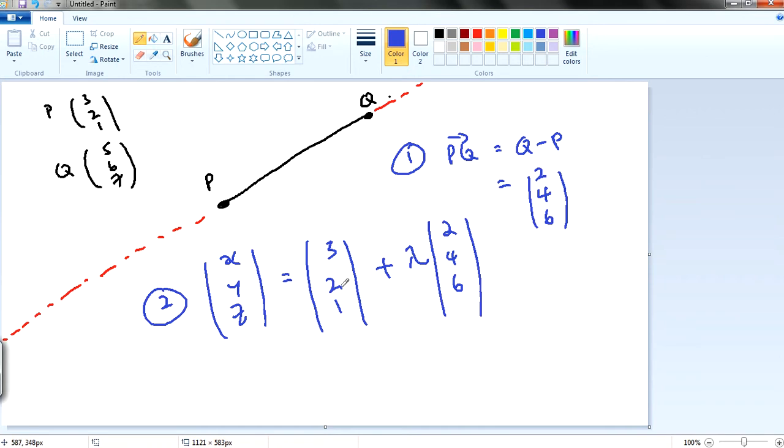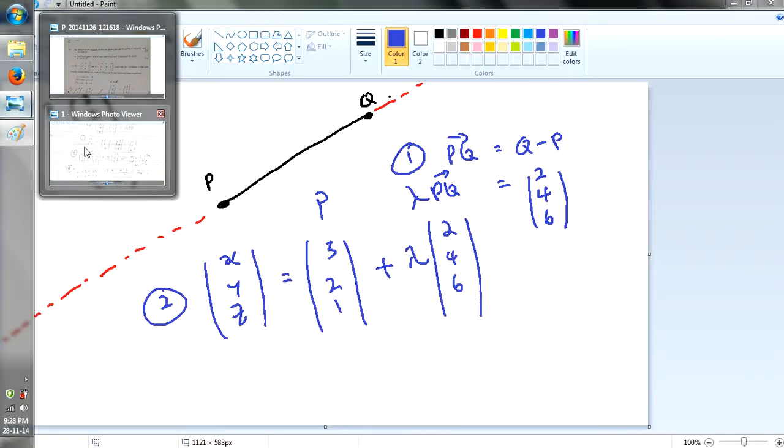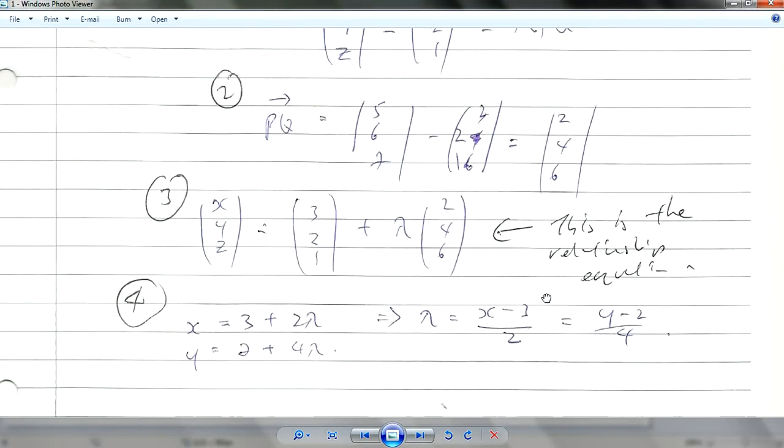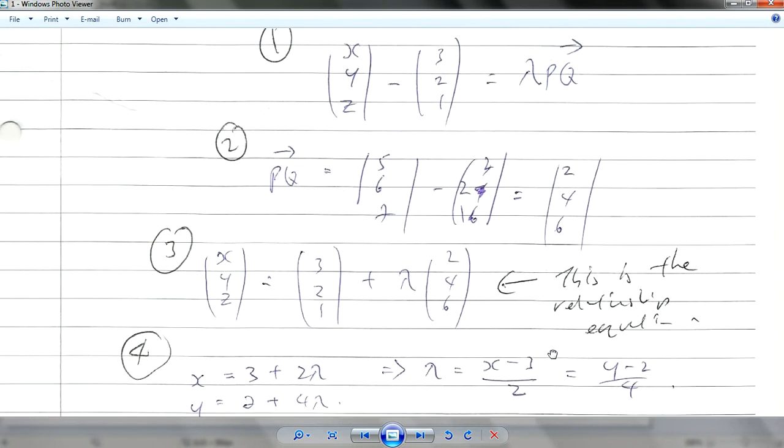Okay, so this is the equation. So this is P and this is lambda PQ. So PQ equals (2, 4, 6).